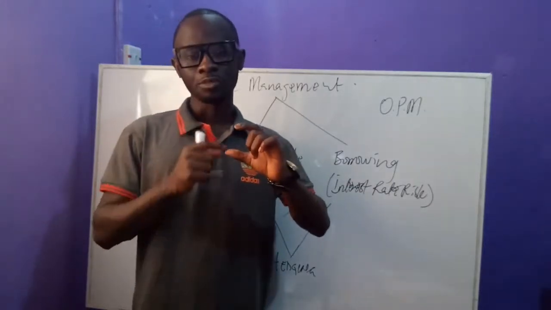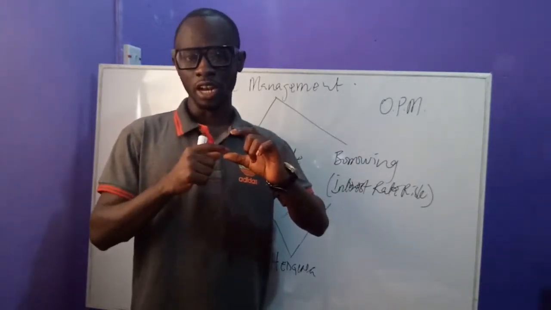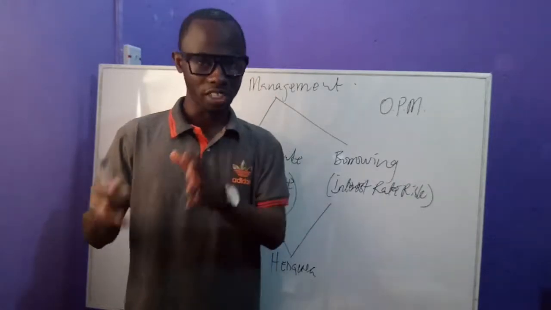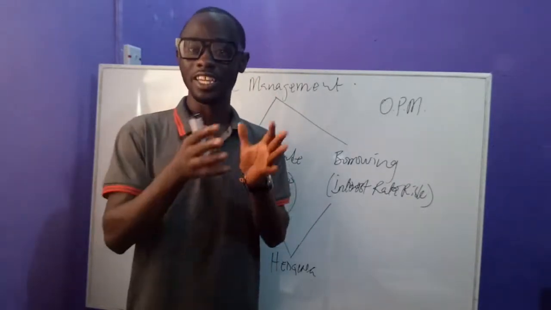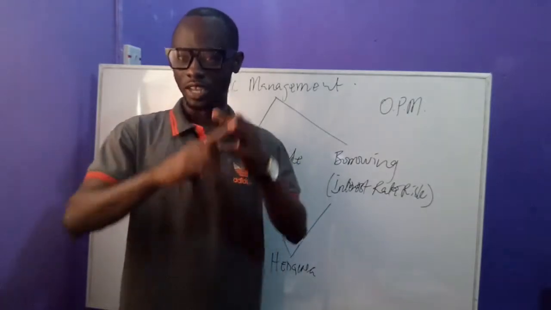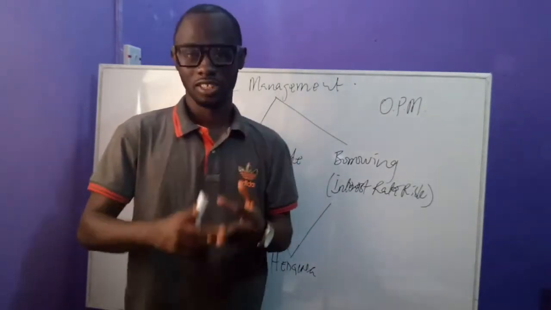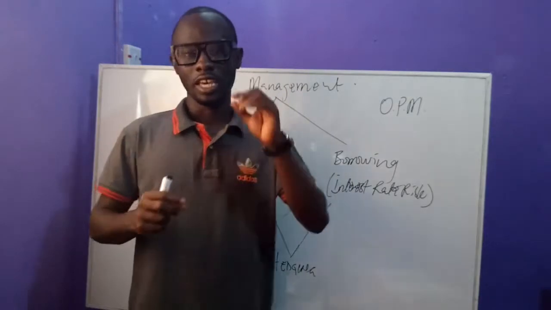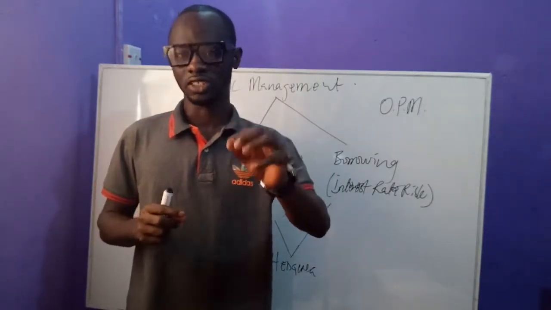Then we said that the financing decision is closely related to the third one, which is the dividend decision, all right? So the first one is the investment decision, the second one is the financing decision, and the third one is the dividend decision.